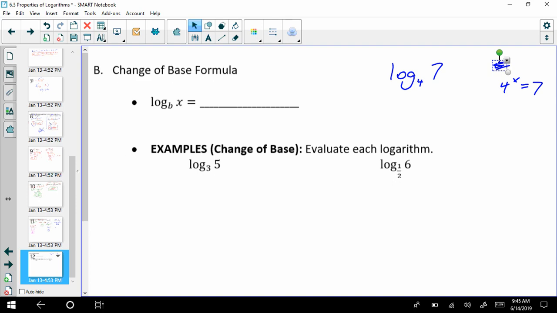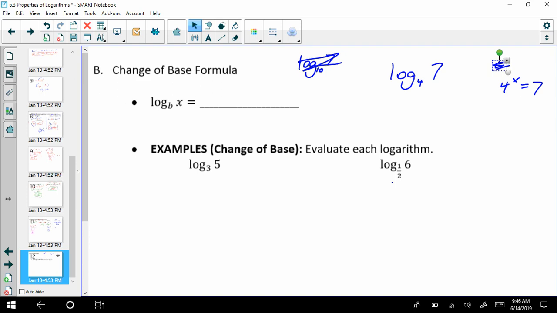And I told you last time, your scientific calculator's log button can only be used if it's base 10. So I can't just hit log 7 in my calculator, because the log button is base 10, and this is not base 10. So how do we get this decimal if my calculator only has a log button for base 10?